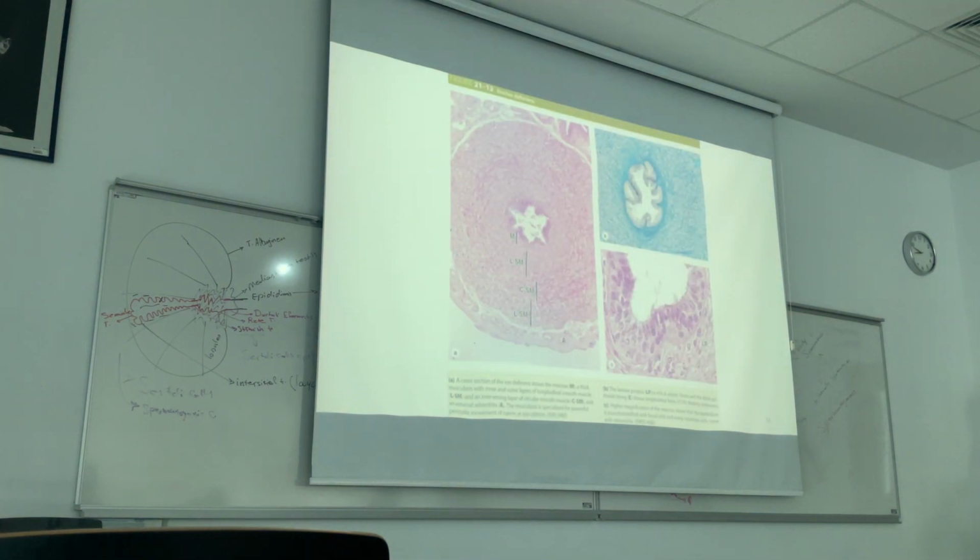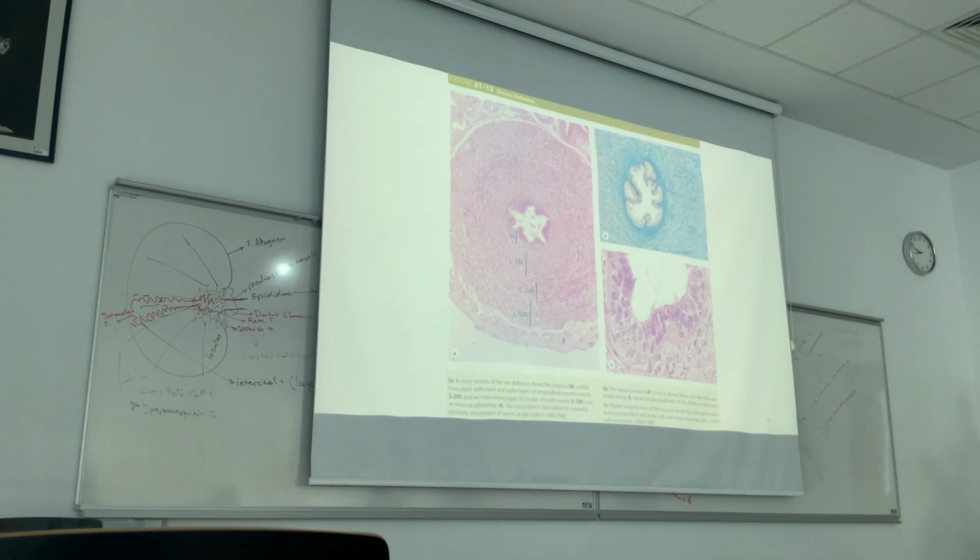In the ductus deferens, we have a structure like this. This part is our mucosa layer. In the mucosa, we have the lamina propria in this part and epithelium in this part. Again, here you can see this indentation, like the ductuli efferentes. But here, as you can see, the connective tissue enters into the mucosal fold.